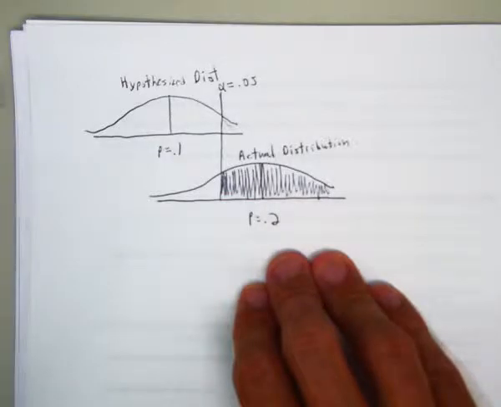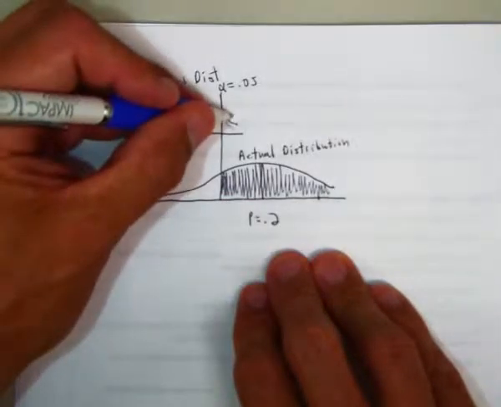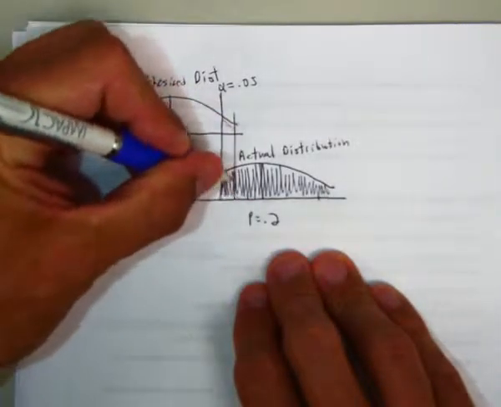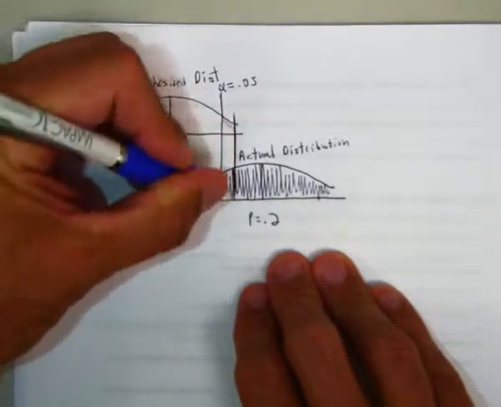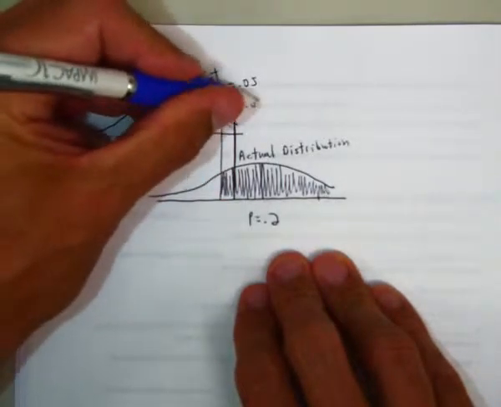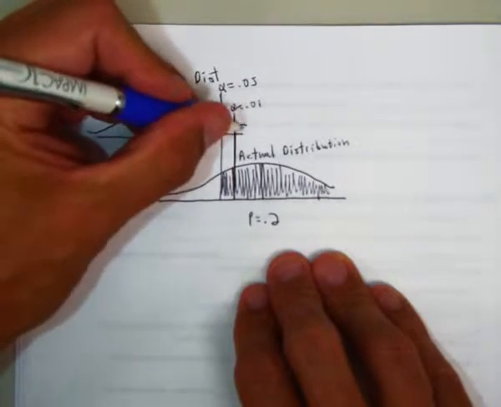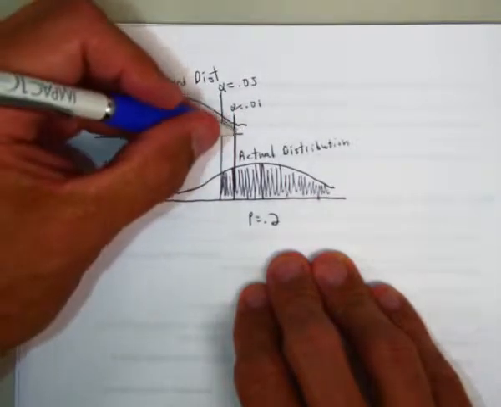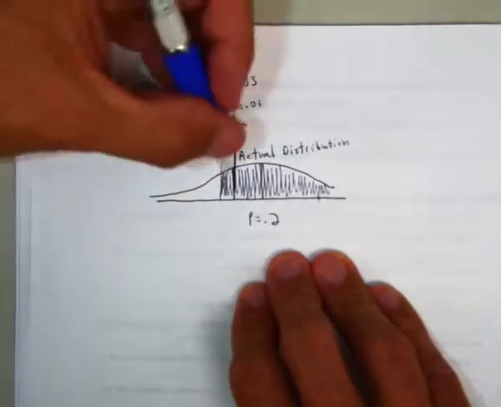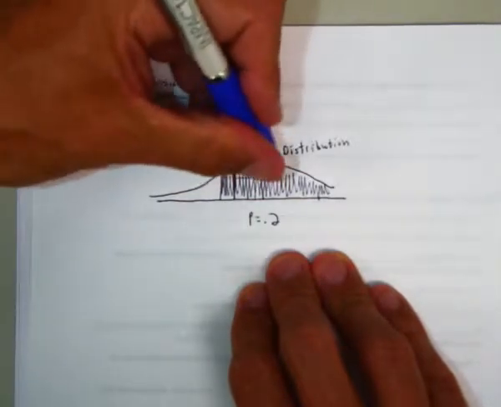Well, we decide to change our alpha level from 0.05 to 0.01. So that's this. And we're going to reject anything to the right of that. So anything in this region over here. What's the probability going to be of getting that? It's going to be this right here.